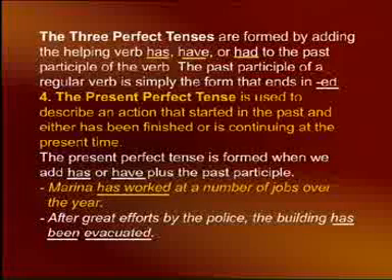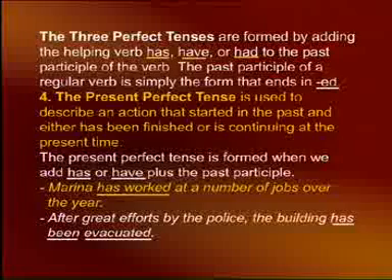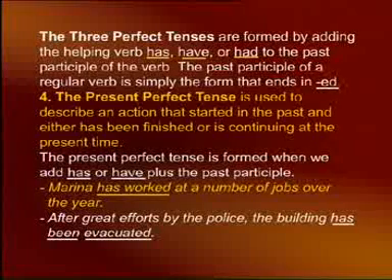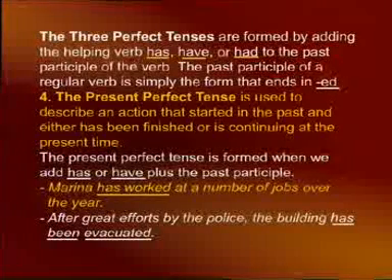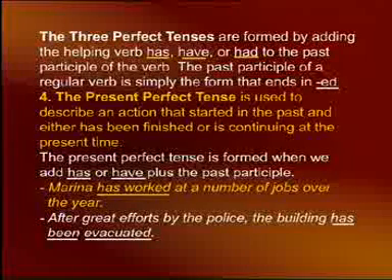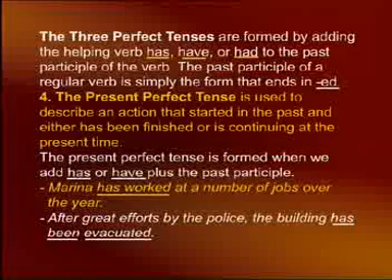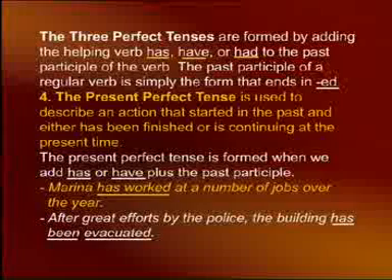The present perfect tense is formed when we add has or have plus the past participle. Example, Marina has worked at a number of jobs over the year. Has worked. This is the present perfect tense.